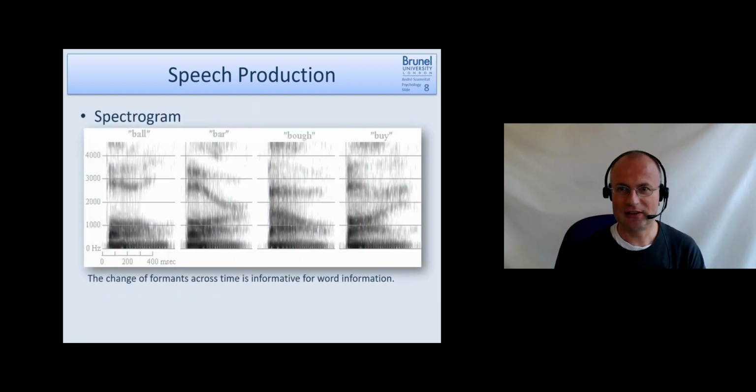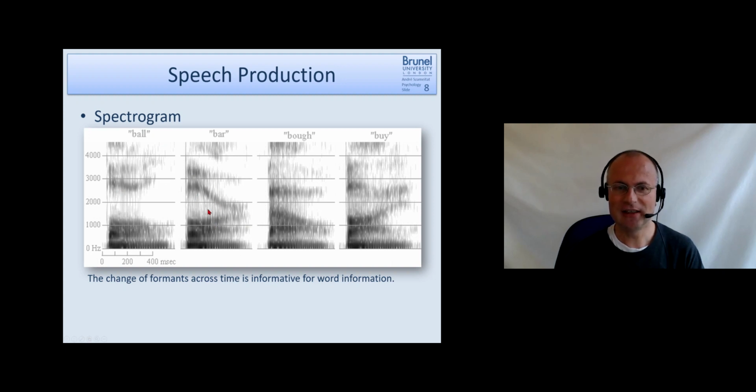Okay, so these are different spectrograms. What we see here is that the first two words, ball and bar, start similarly with the R sound, but then the L and then the R goes down here.